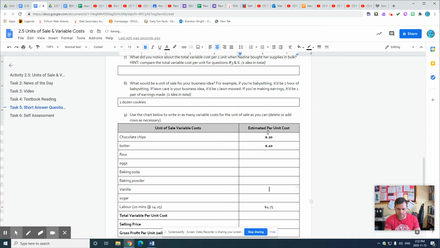There's sugar, a very small amount. Eggs are very cheap. Now, I don't know the exact cost of these. All I'm doing is just making estimates. Flour, maybe 10 cents.